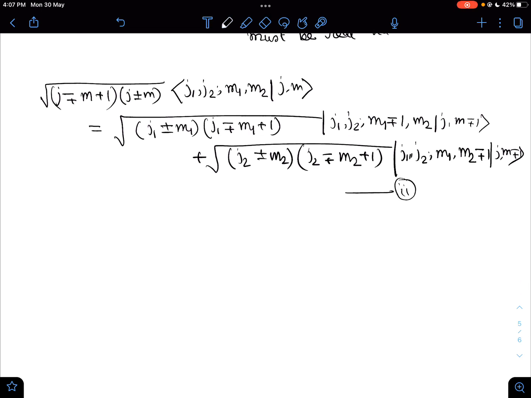So we can use these two relations to obtain the values of the various Clebsch-Gordon coefficients.